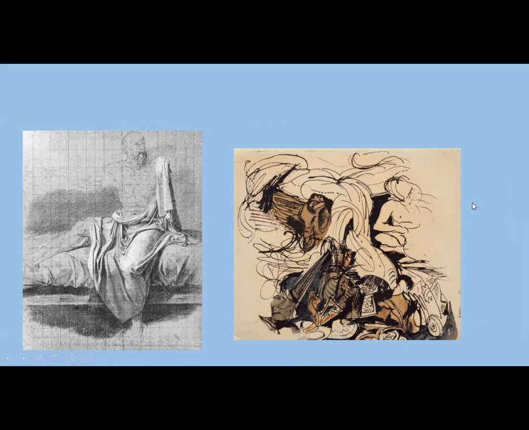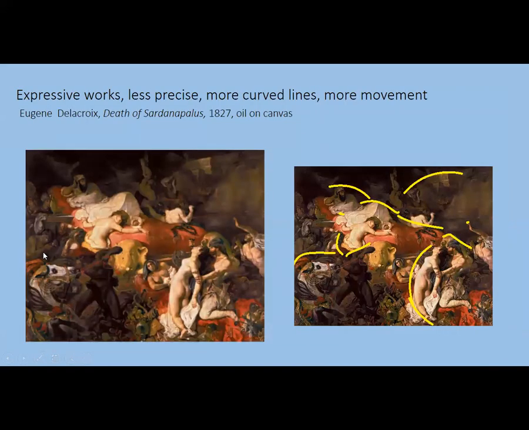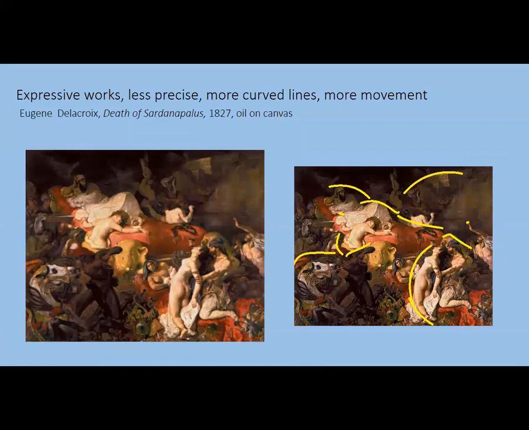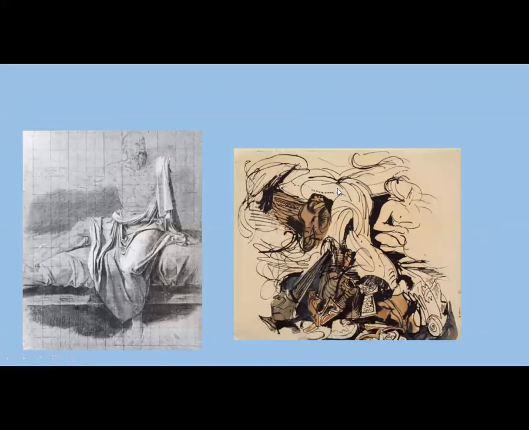It's got all these curved lines, and maybe there's one instance where you can see a woman, but you can't even really tell where the figures are from the previous image. I don't even see that woman that was drawn in this original sketch. Oh, maybe that's supposed to be Sardanapalus and not a woman there. Maybe he changed his mind.